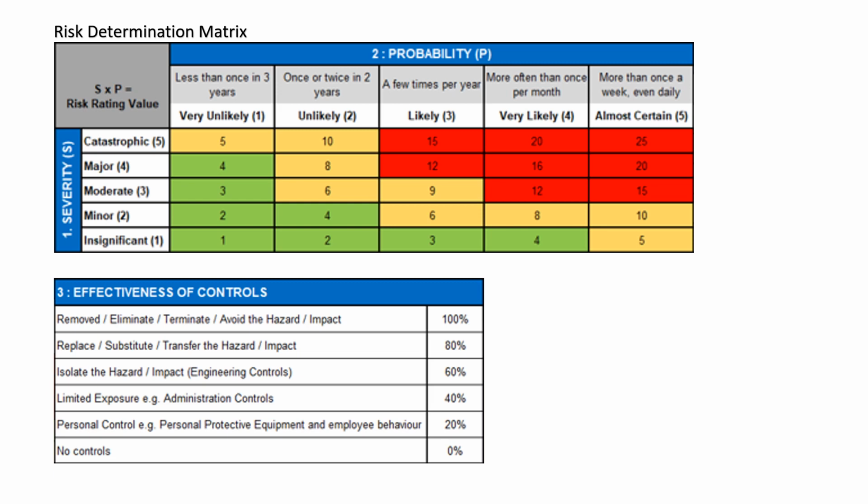As you can see on the left-hand side, the severity ranges from insignificant to catastrophic. On the top right is the probability or likelihood that an event will occur.